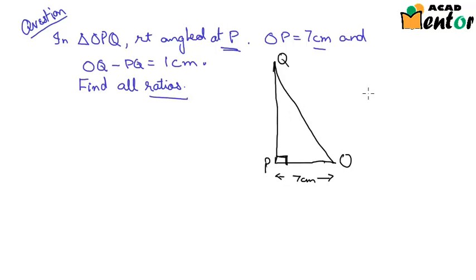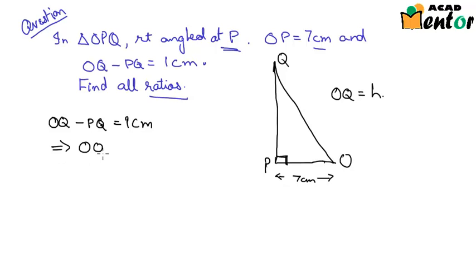Now it's clear that OQ is the hypotenuse, this one, the longest side. From the given relation of OQ minus PQ equal to 1 centimeter, let's find out the value of PQ in terms of OQ, or the other way around.